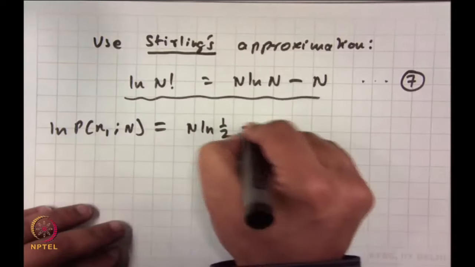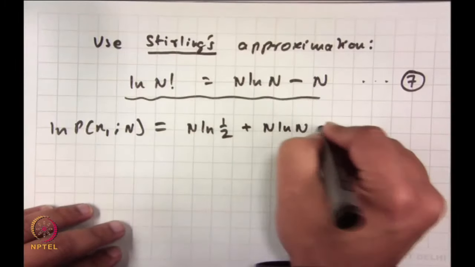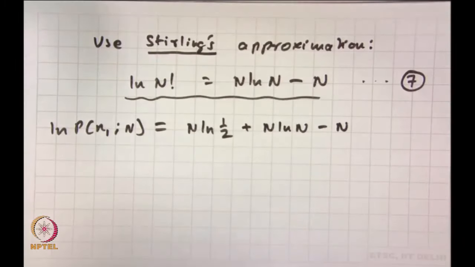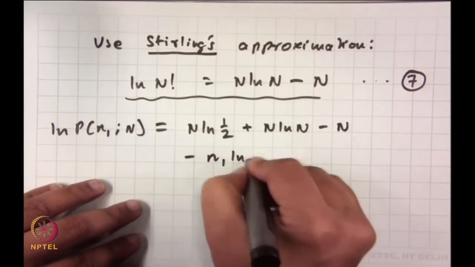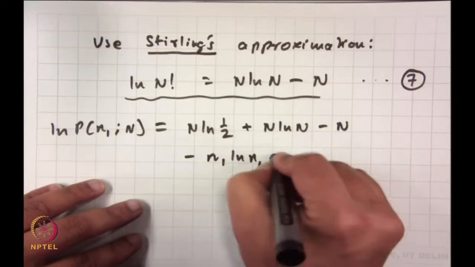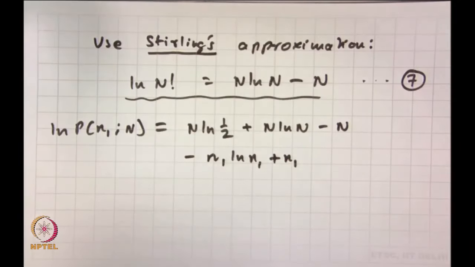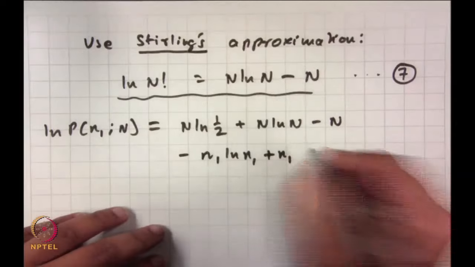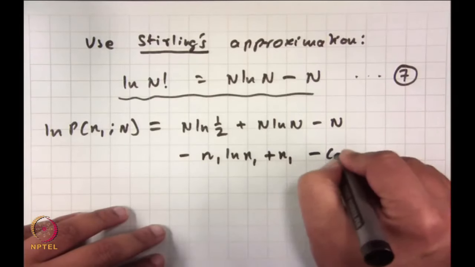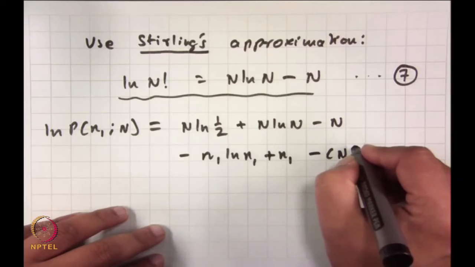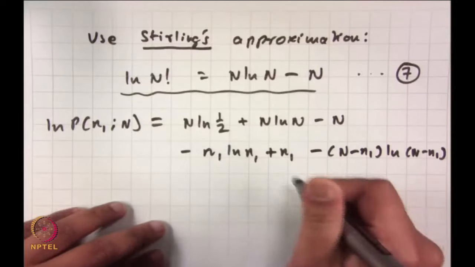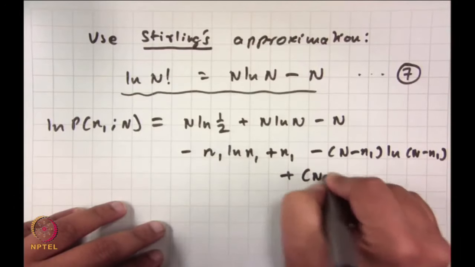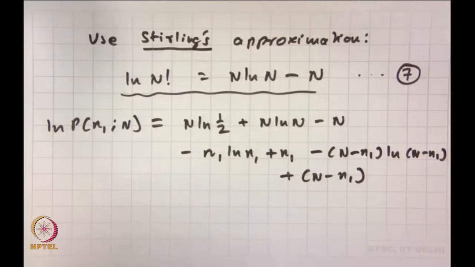We get N ln N minus N. Now, the next one has a negative sign, so I should write minus n1 ln n1 plus n1, and then I would be having minus (N minus n1) ln (N minus n1), the next one is plus (N minus n1).